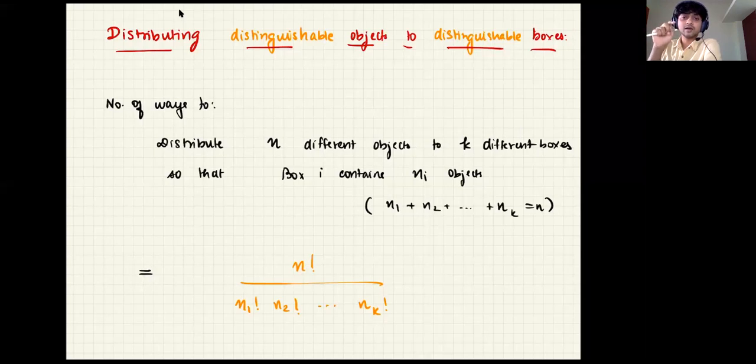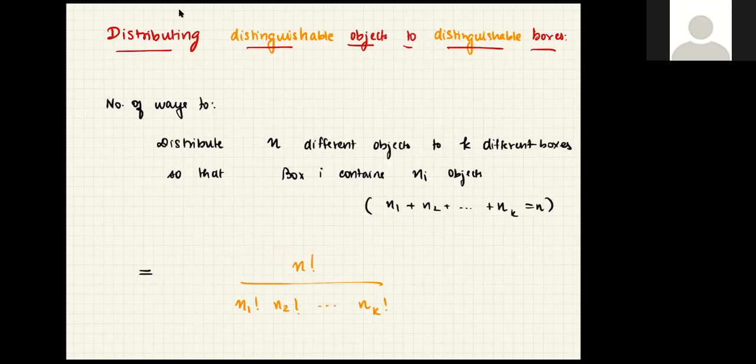Then I have n1 ones, n2 twos, n3 threes, and nk k's to be arranged. And that gives me n factorial by n1 factorial into n2 factorial into so on till nk factorial. So this is the number of ways in which n distinguishable objects can be distributed among k distinguishable boxes, such that box 1 contains n1, box 2 contains n2, and so on.